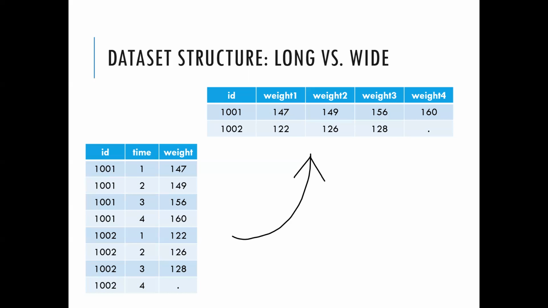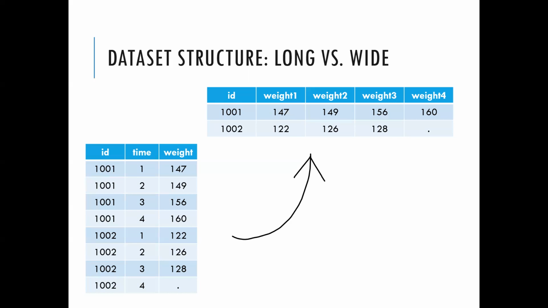And the reason why we do this is, let's say we didn't have that time column and we just had the two columns, ID and weight. And you can see the second individual in this sample is missing their weight value for time point 4. If we didn't have that time variable, we wouldn't know which weight measurement was missing.